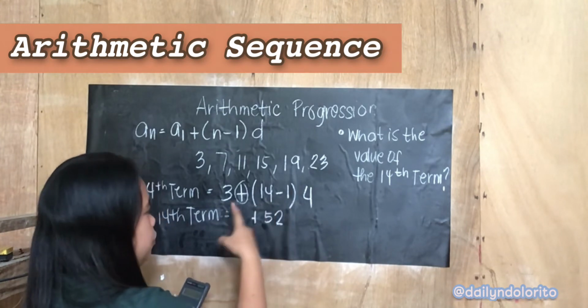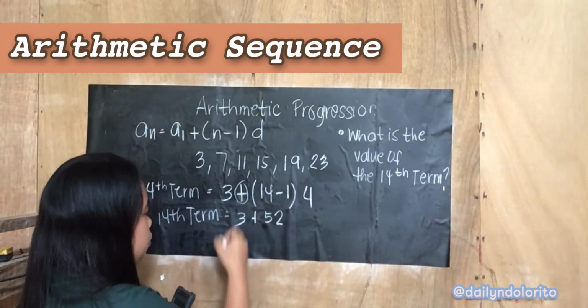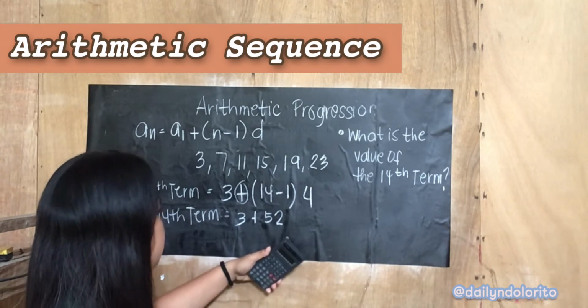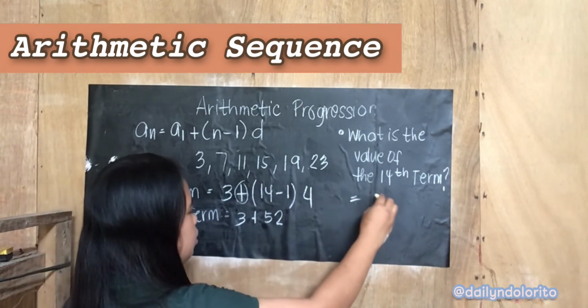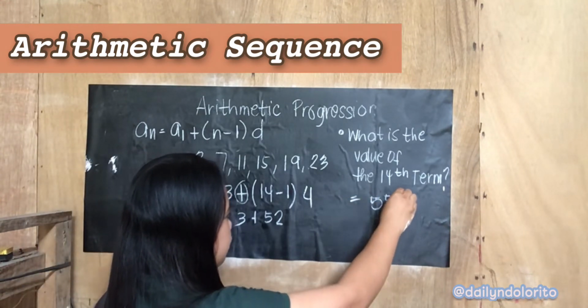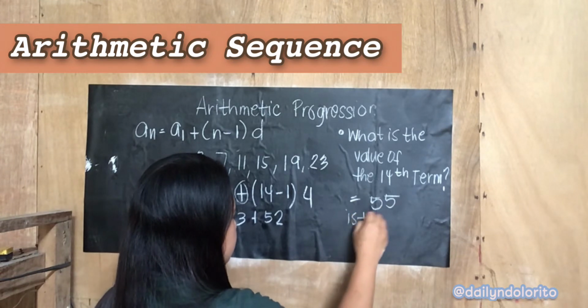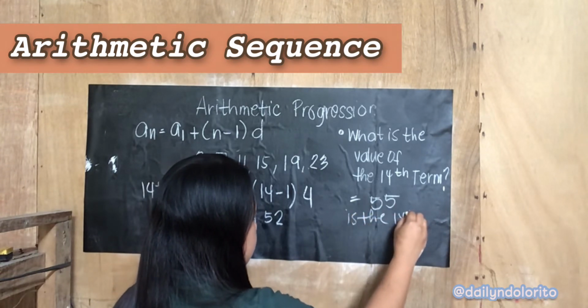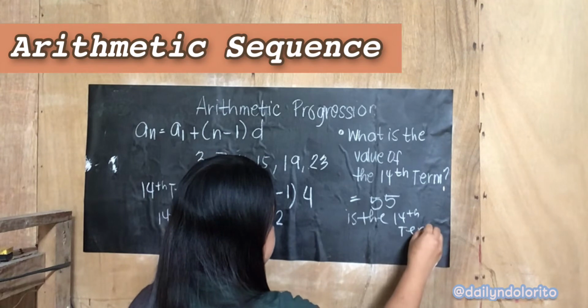And don't forget the 3. If we add that, we get the answer: 55 is the 14th term.